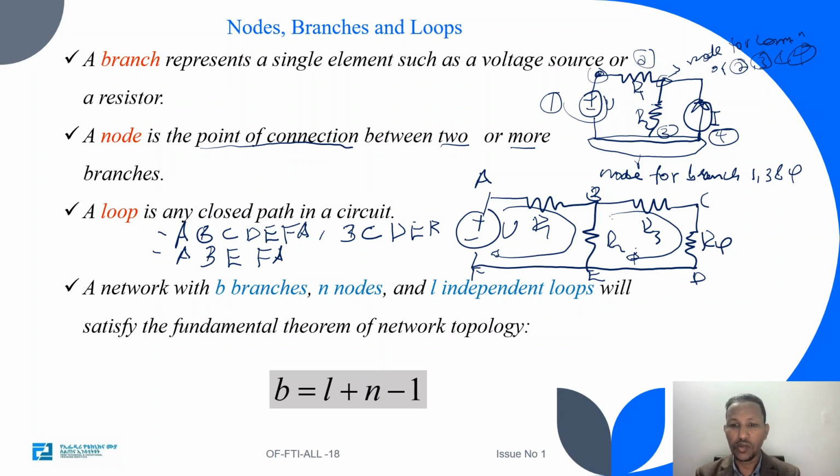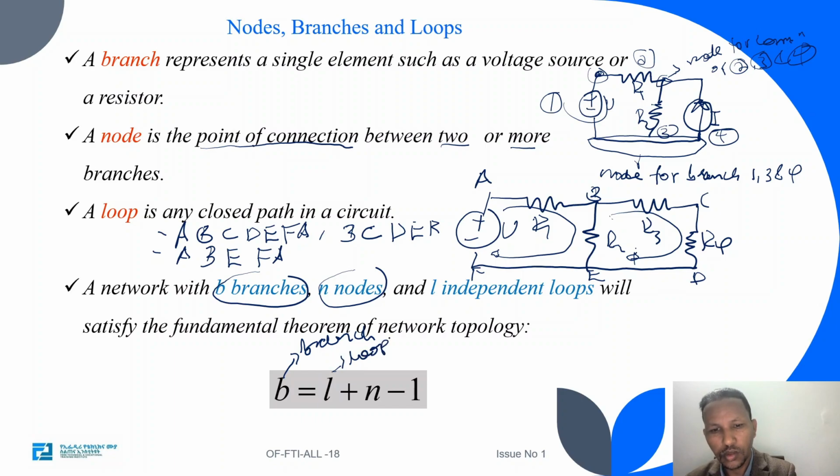When we come to a network with B branches, N nodes, and L independent loops, like this loop and this loop, we can have the relation between them: the number of branches of a circuit is given by the number of loops of the circuit plus the number of nodes of the circuit minus 1.